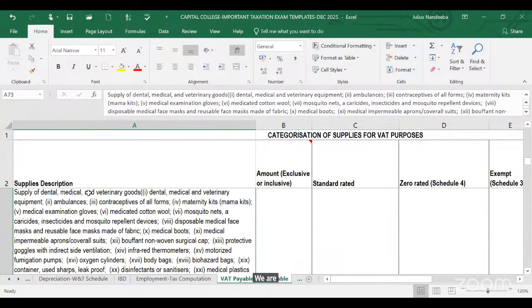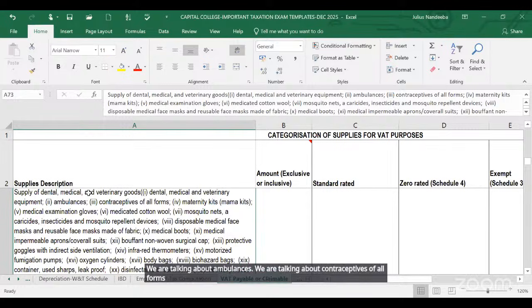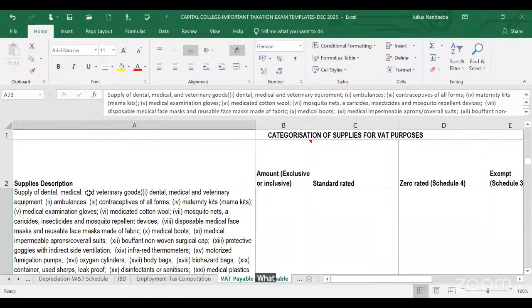We are talking about ambulances. We are talking about contraceptives of all forms. We are talking about maternity kits, what we call mama kits. We are talking about medical examination gloves, medicated cotton wool, mosquito nets, acaricides, insecticides, and mosquito repellent devices, disposable medical face masks, and reusable face masks made of fabric.